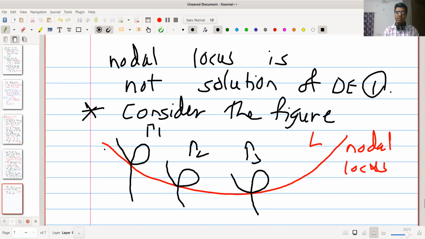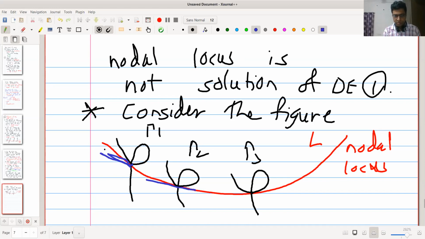Now we can see that here there is one tangent to the solution curve which is same as the tangent to nodal locus L. So here this tangent is same.